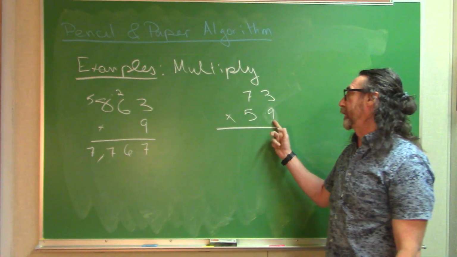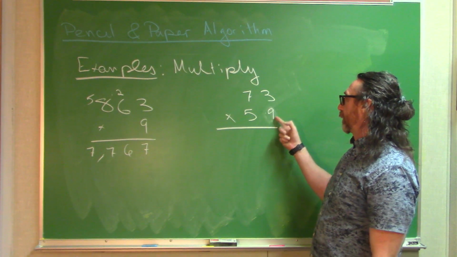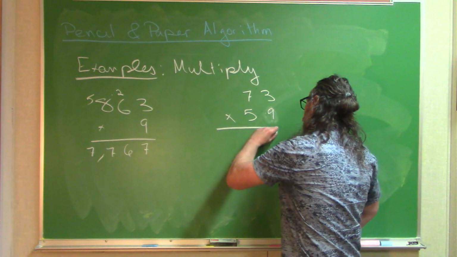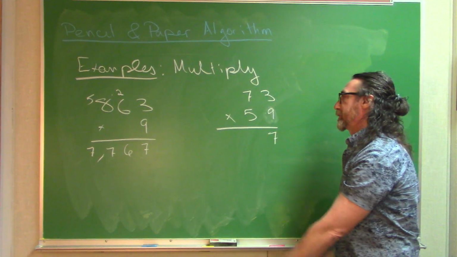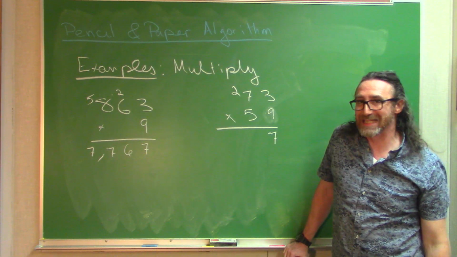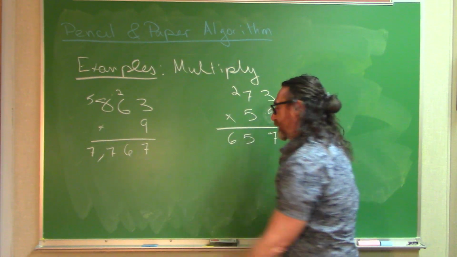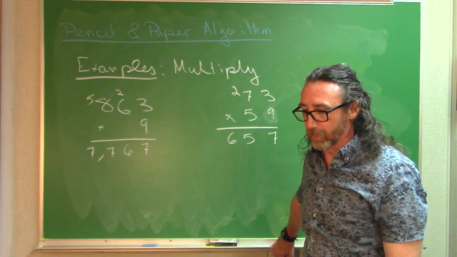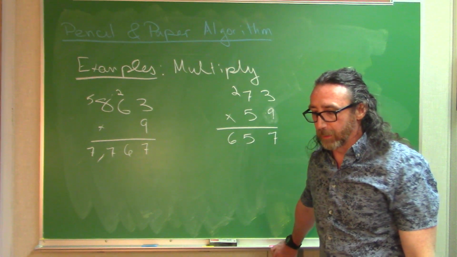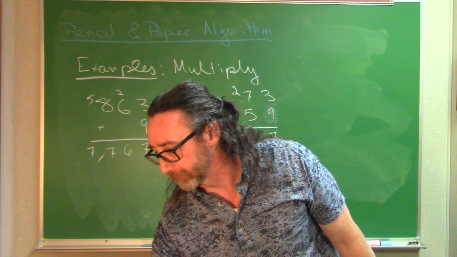We're just going to concentrate on doing 73 times 9. 3 times 9, as before, 27. So we write down the 7, carry the 2. 9 times 7 is 63, plus the 2 gets us 65. So 6, 5, 7 right there.